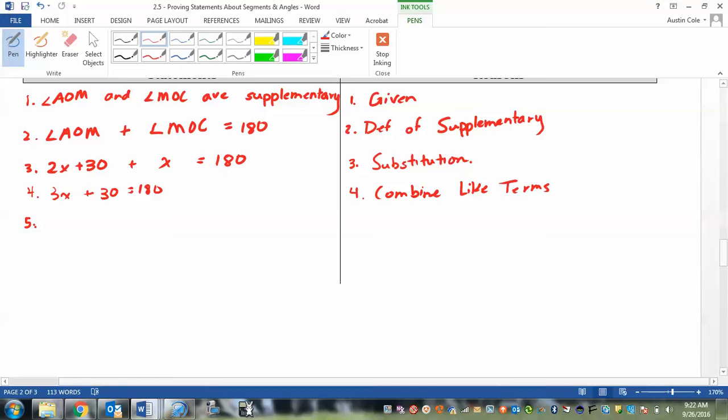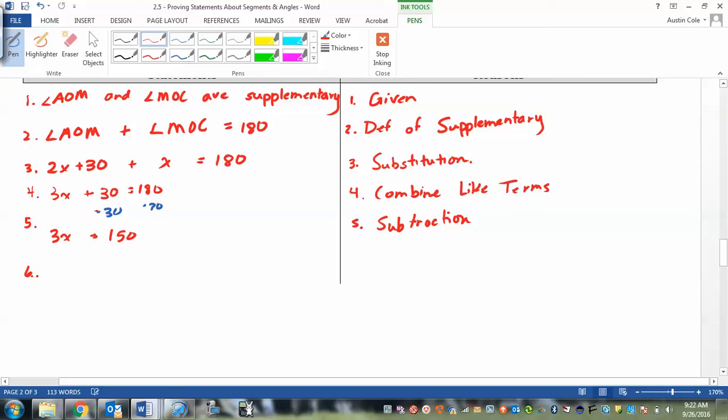Camden, now what? Yeah, we're going to subtract 30 on both sides. So I'm going to get 3x equals 150. That's the subtraction property. Brendan, then what?